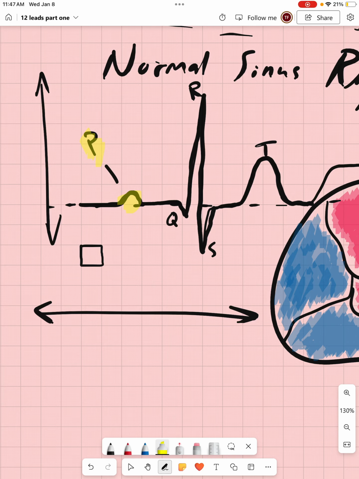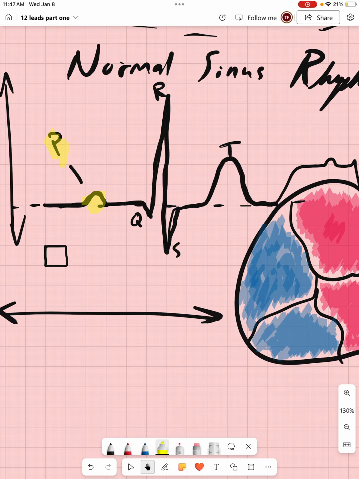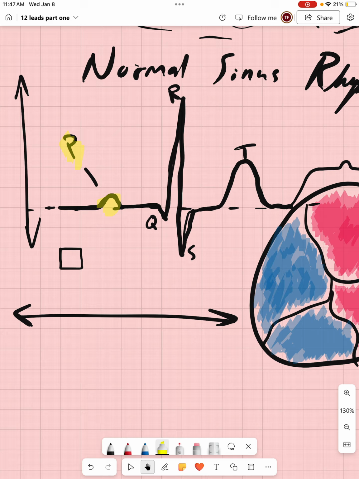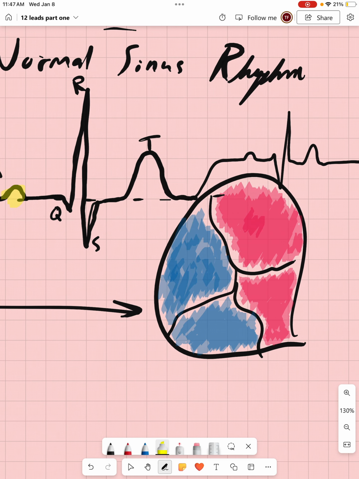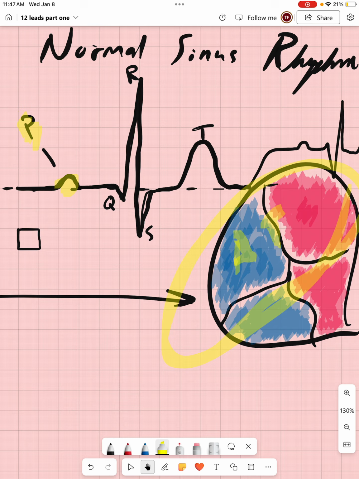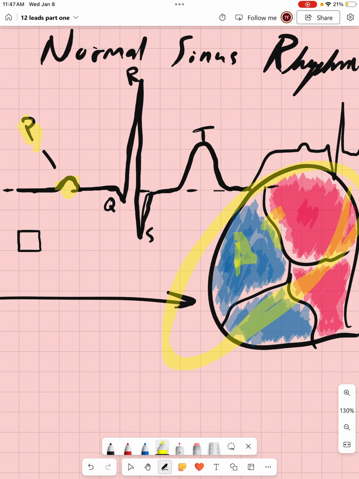It's going to be a small bump that is positive, so it is going to deflect up, and it's going to be round and upright, and it's going to be before our QRS here, and that signifies electrical activity through our atria. So that is the depolarization of the cardiac muscles in our atria.